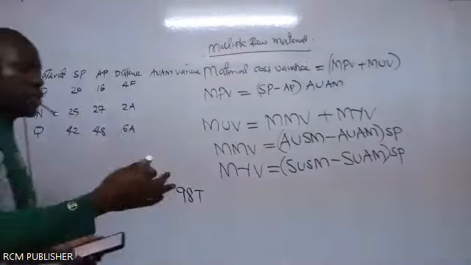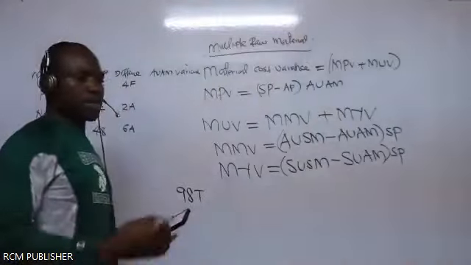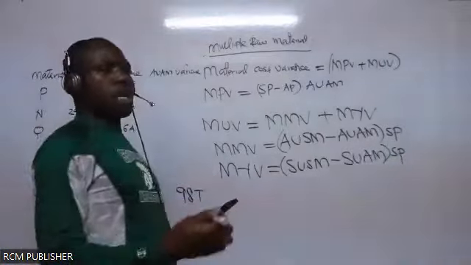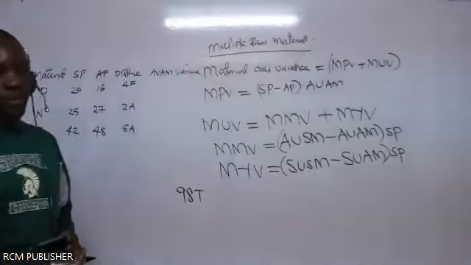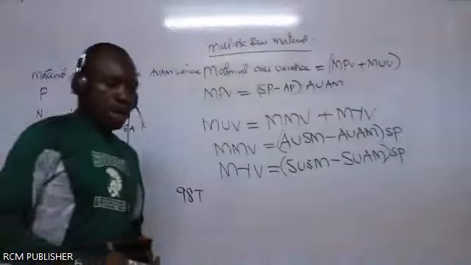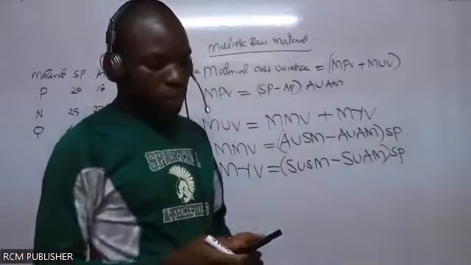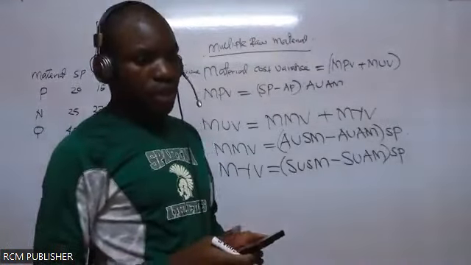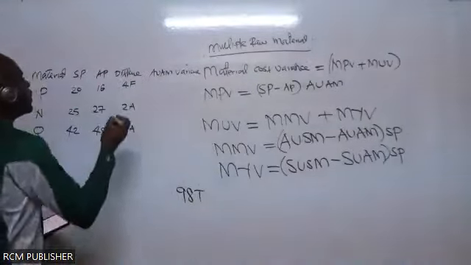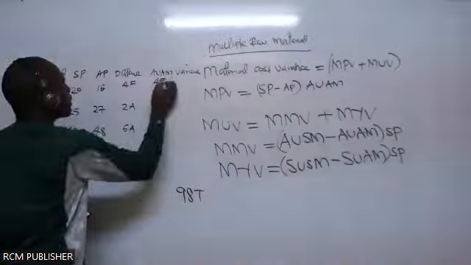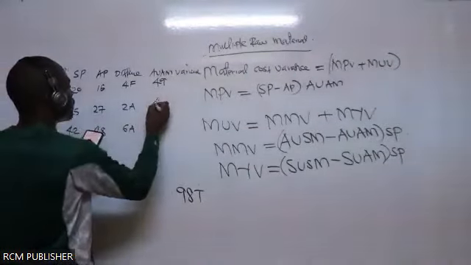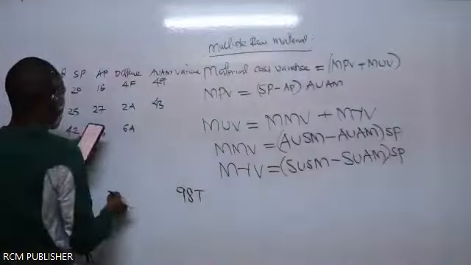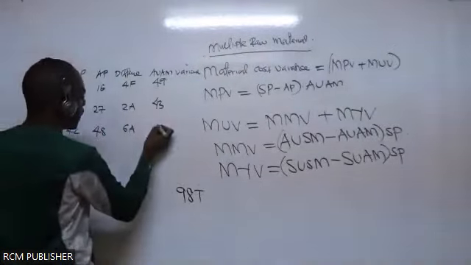Now we go to the section of actual results. What do we have for P? Actual results for P is 49 tons. For N is 43 tons. For Q is 8 tons.